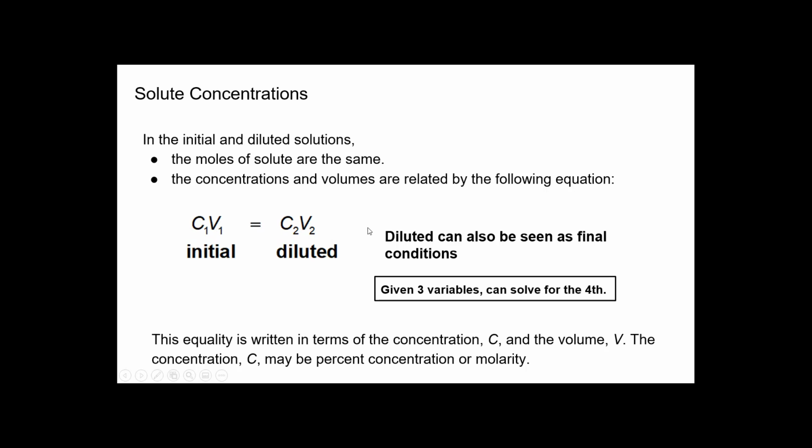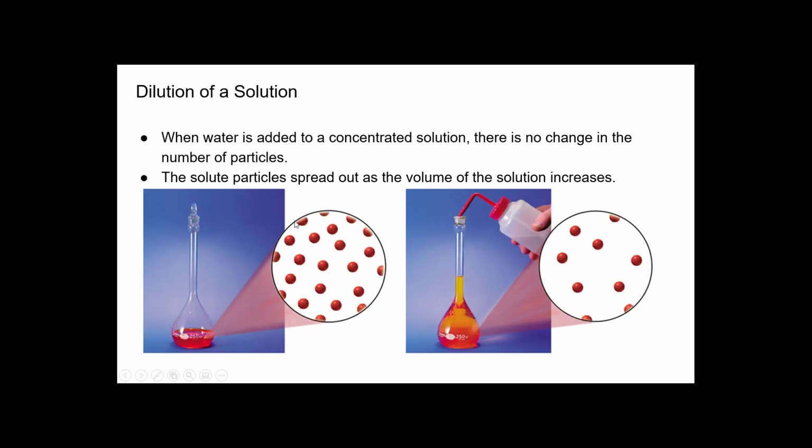You will be given 3 variables, and you'll have to solve for the 4th. So if you get a problem and you're confused, and you see 3 variables, chances are it's a dilution problem. C stands for concentration, and V is volume: initial concentration, initial volume, final volume, and final concentration.